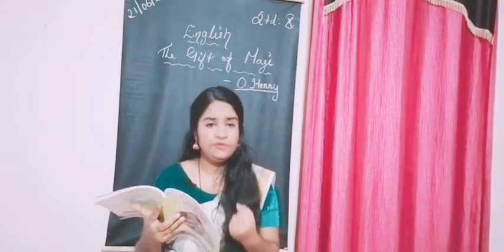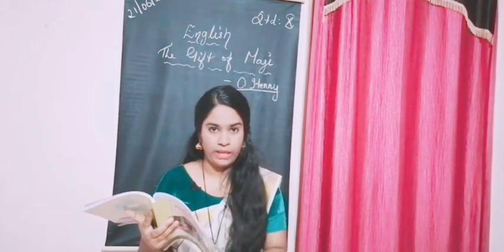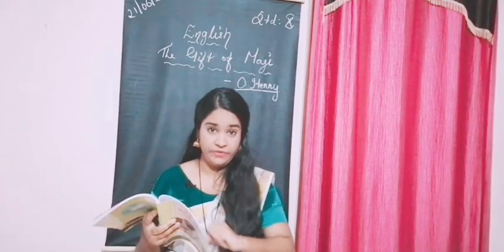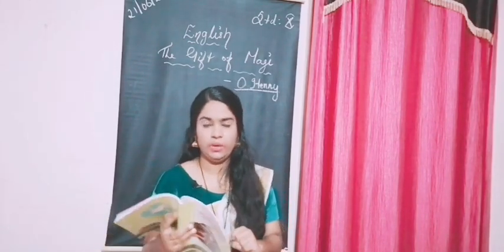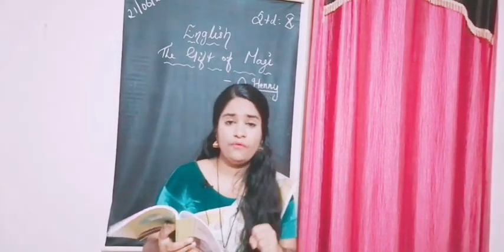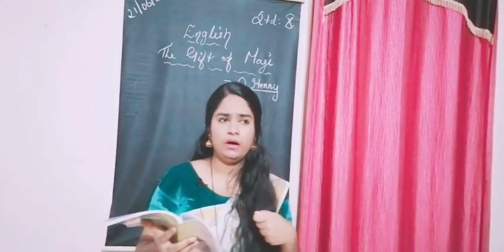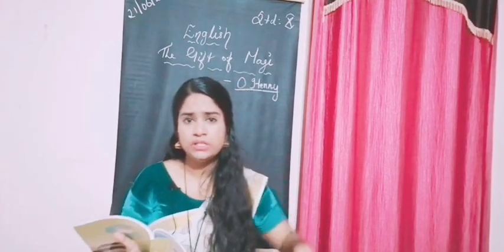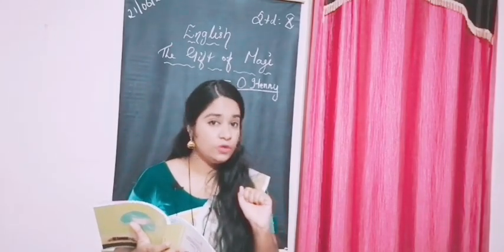A furnished flat at $8 per week. $8 per week is actually quite less comparatively. It was a well furnished flat, which means it had all the basic furniture required for them, but it was at $8 per week.